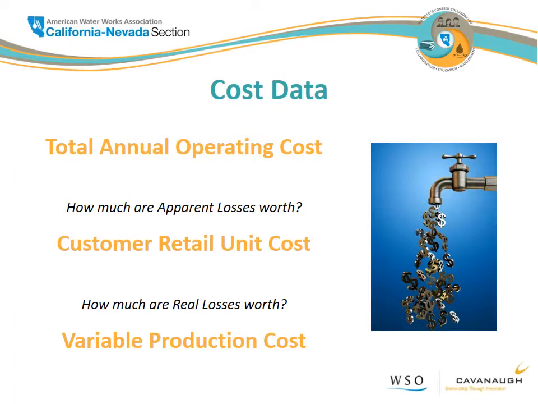And so when a customer meter under-registers, there is an impact to the revenue that is generated from that bill, from that account. And so the value of that apparent loss is therefore at the retail rate. And that is what the customer retail unit cost is intended to capture. On average, what do you charge per unit, if it's 1,000 gallons or per CCF? What do you charge to your customers for the next unit of water consumed?